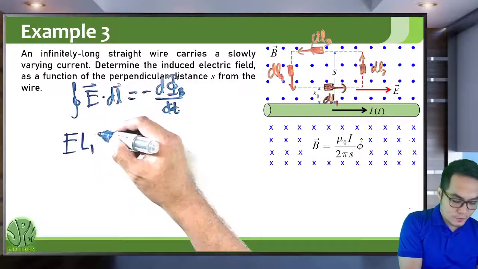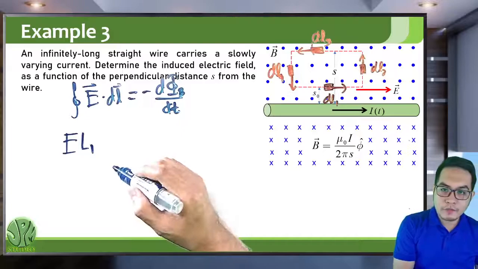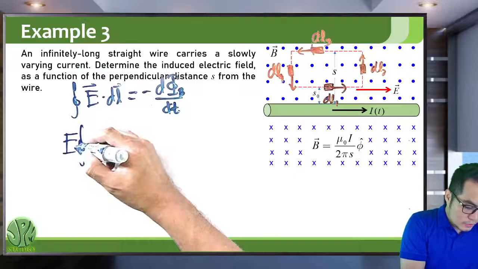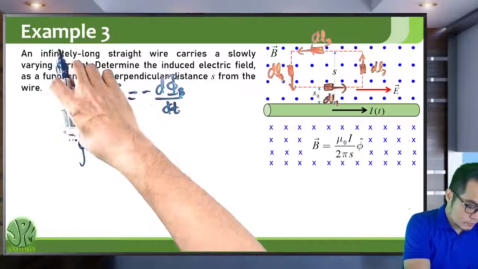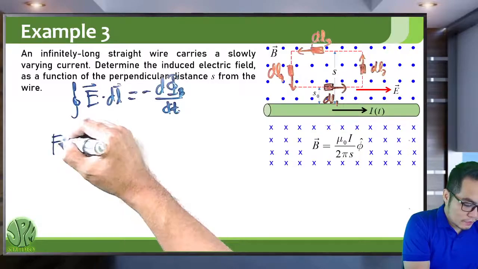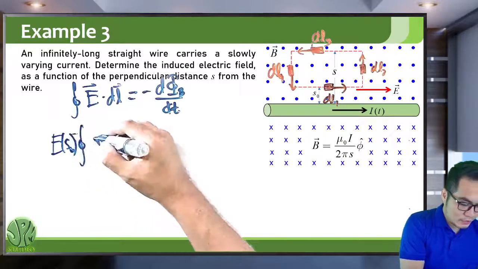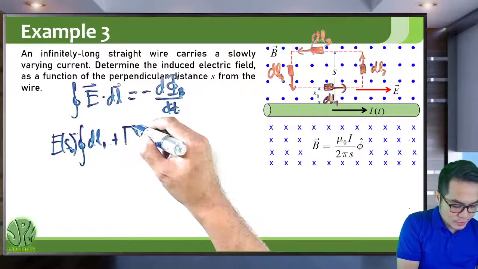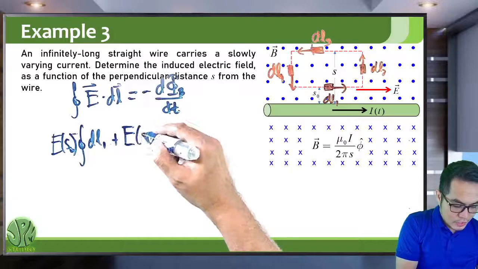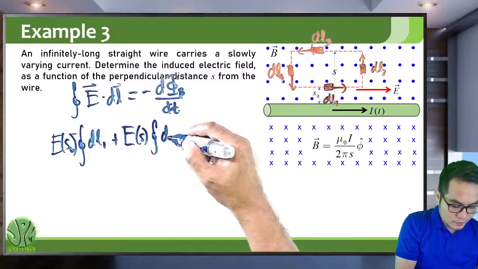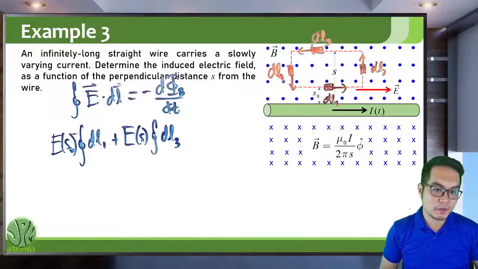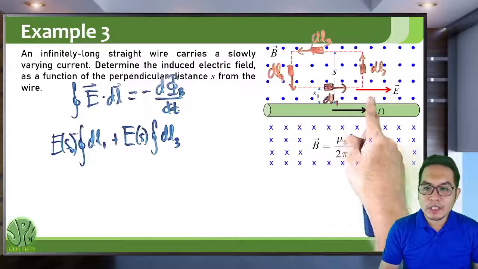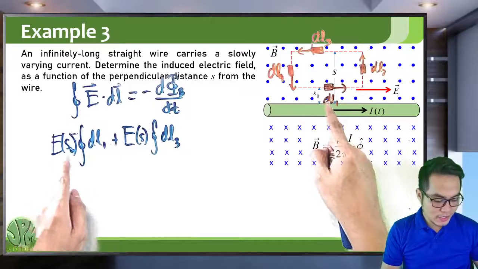So you will have the closed integral of, I will put it like this, the electric field at S naught, and this is dl1, plus E at S closed integral of dl3. Sorry, I already removed the dot product, so E dot dl1 is just E dl1.